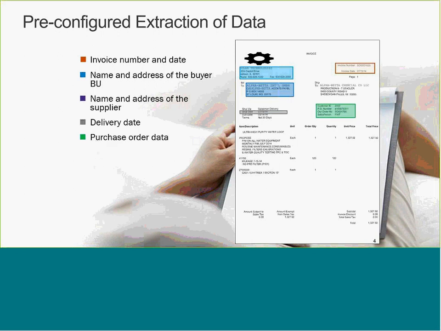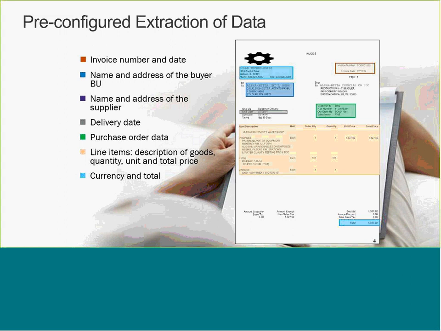We can also do delivery dates, and eventually later this summer we'll have the purchase order data and line item distribution done too, where to literally iterate through it, verify your purchase order information to your POs, and bring that over automatically with quantities and everything like that. And of course, grab your total and currency.